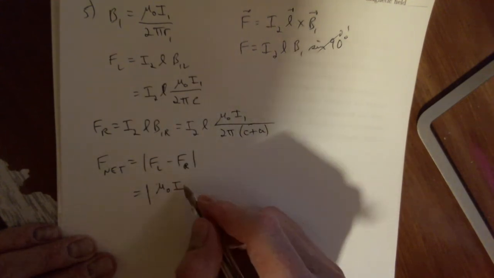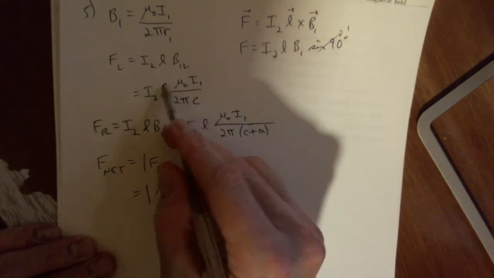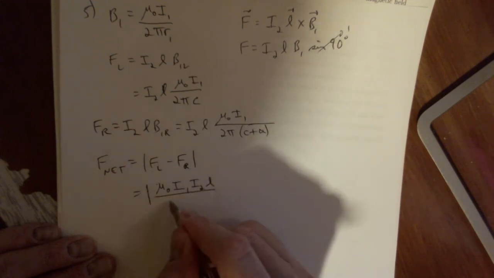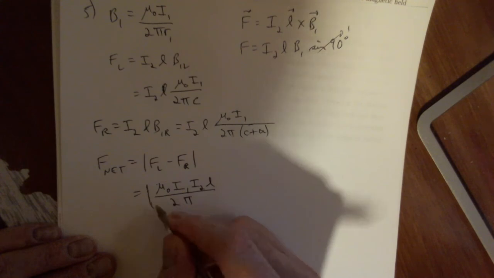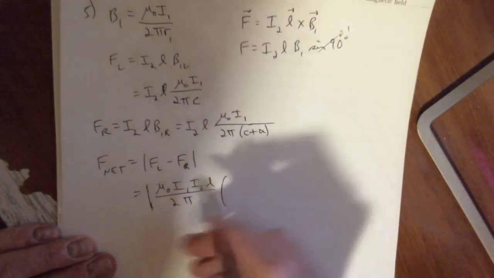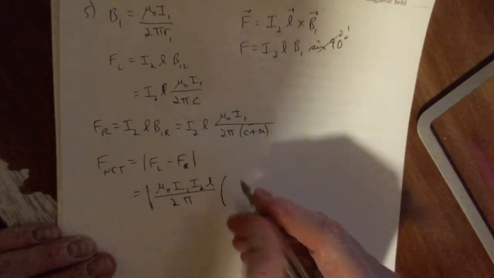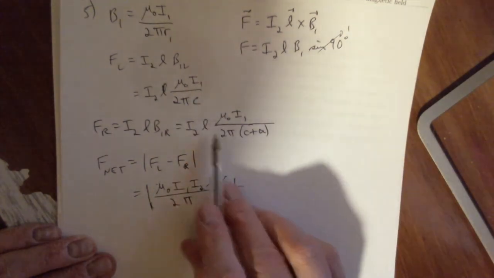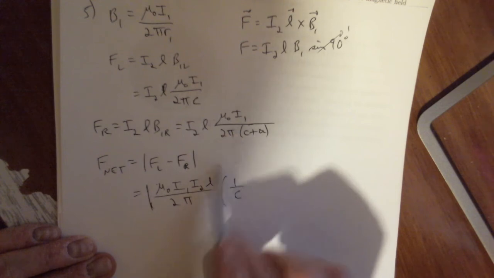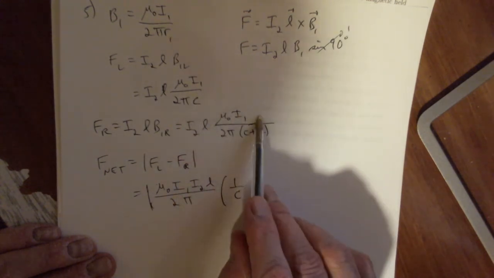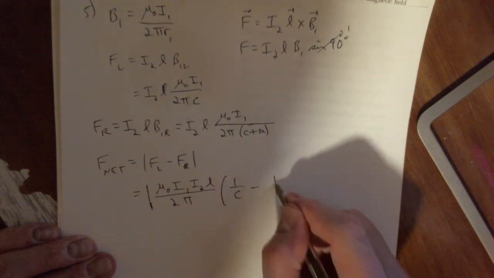So mu sub naught I1 times I2L over 2 pi times, so that's this whole thing times 1 over C, and then minus FR, so that whole thing is there, minus 1 over C plus A.